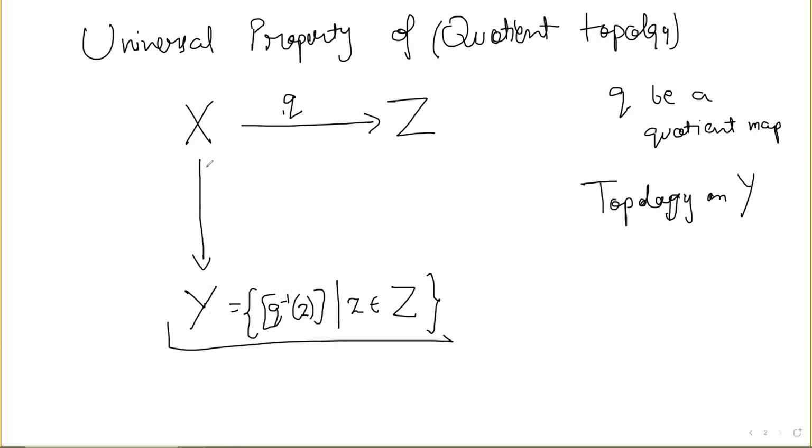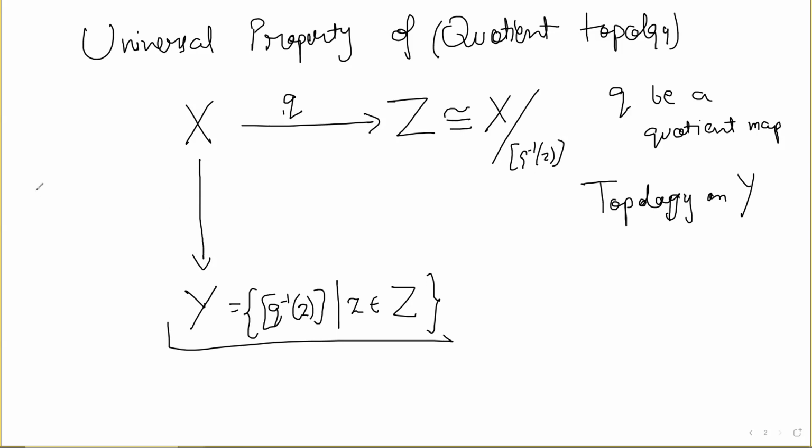That map will send q inverse z to z, but then it's just q, and y is just z. Because what does it mean to say that q is a quotient map? It means that z has the quotient topology, that the topology of z is the same as x quotiented by these things.